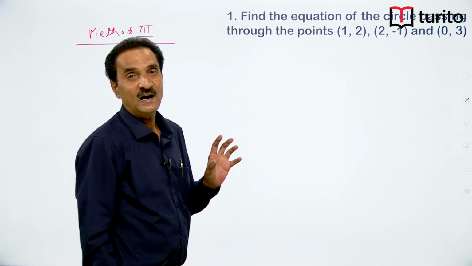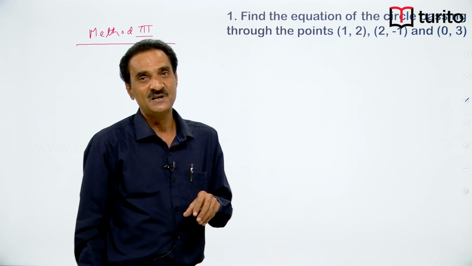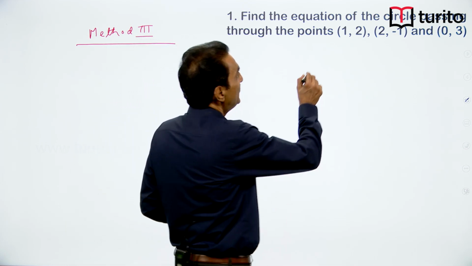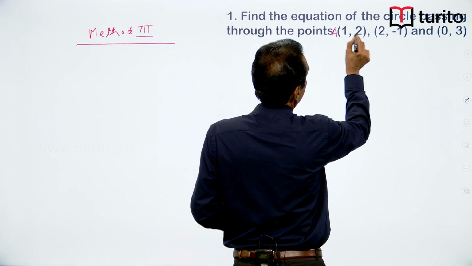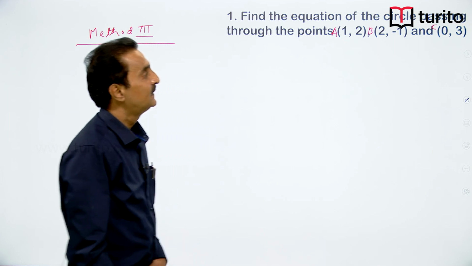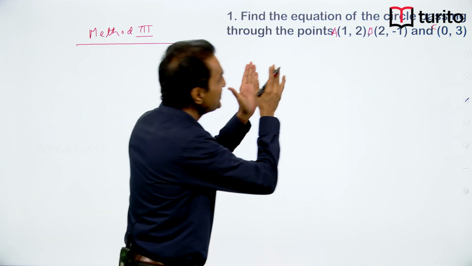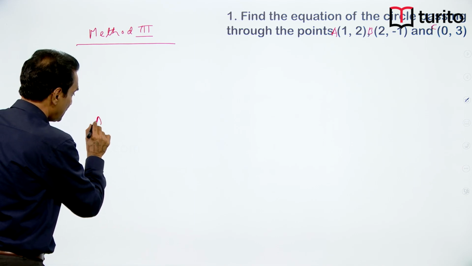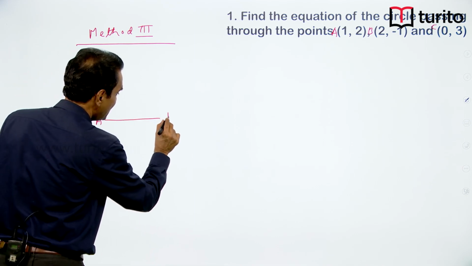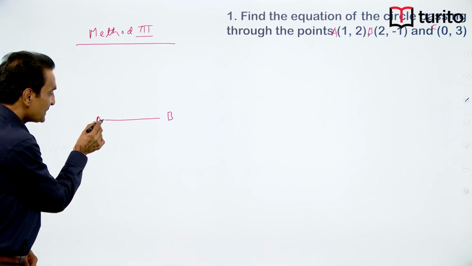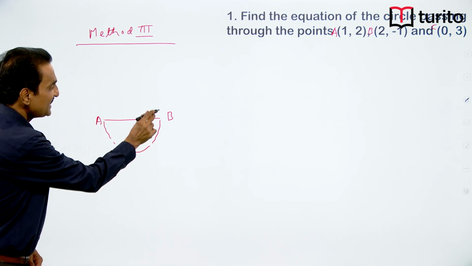In this method, I am going to apply the property which we discussed just before starting the problems. Let the points be denoted by A, B, C. First, I will take points A and B only. This is A, this is B. I will find out the circle with AB as diameter.